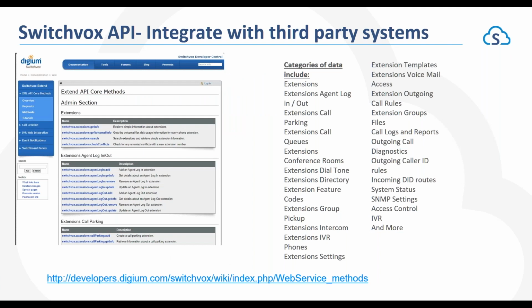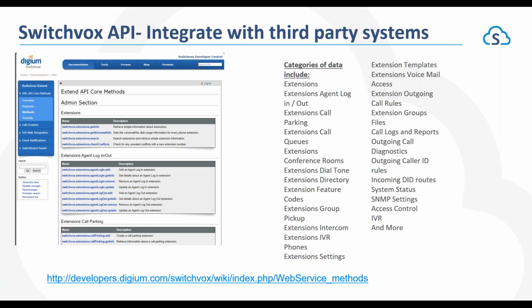Switchbox has a very extensive set of APIs to integrate Switchbox with third-party health management systems for the healthcare segment, or for any CRM or any sort of application on the internet or network.